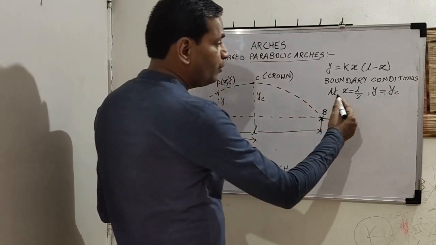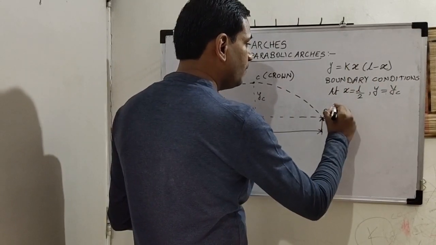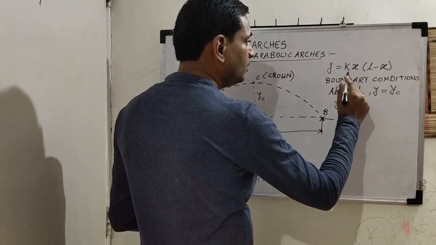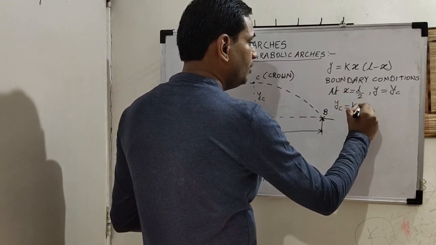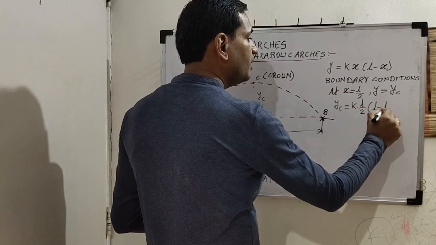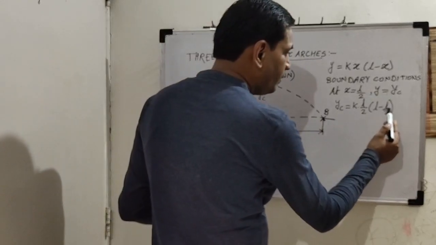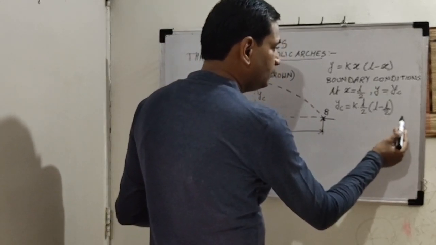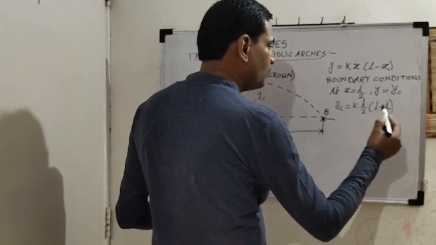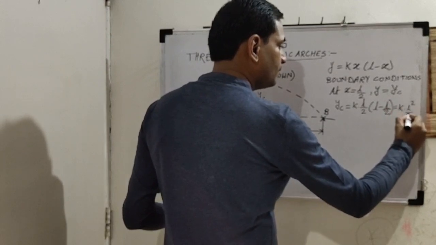So let us substitute these two values of x and y in the above equation. So what will this equation become? Yc is equal to k into x is L by 2 into L minus L by 2, correct? So L minus L by 2 is L by 2 multiplied by L by 2. So this will become L square by 4. So this is k times L square by 4.